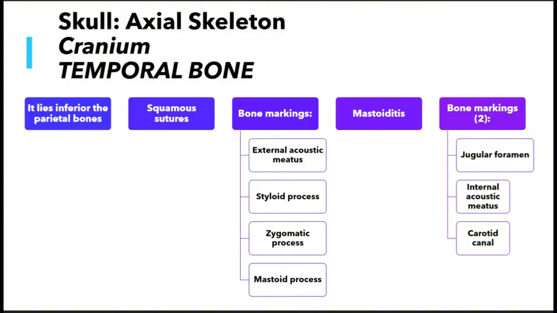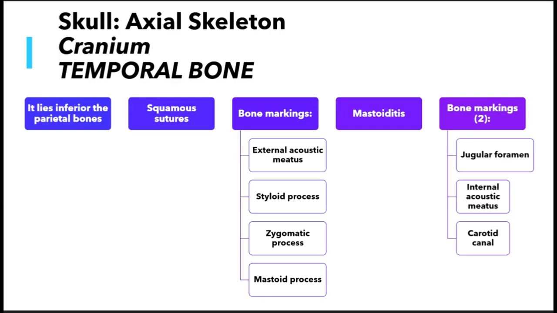For bone markings, your external acoustic meatus is the canal that leads to the eardrum and the middle ear. So it is the route where sounds enter the ears. Next is your styloid process. It is a sharp, needle-like projection. It is inferior to the external auditory meatus and used by many neck muscles as an attachment point.